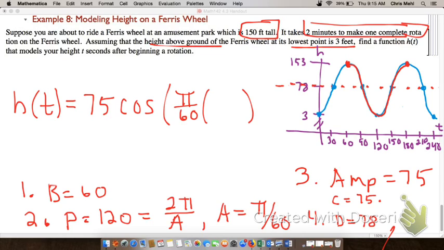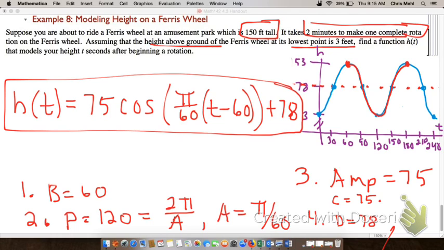In the parentheses here, I should have my input variable this time, t, minus the phase shift, which was given by 60, and then plus the middle value of 78. Okay, so there is a function that models your height on the Ferris wheel as a function of time t in seconds.